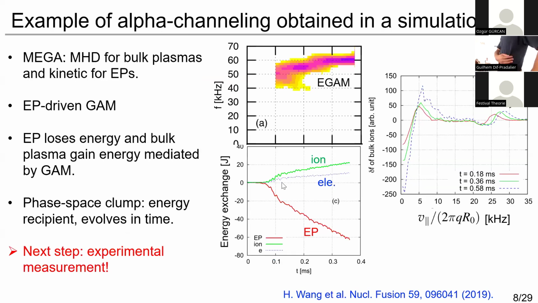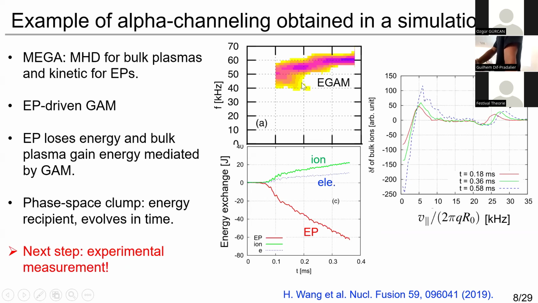Let me show an example of energetic particle channeling, which is obtained by an MHD kinetic hybrid code called MEGA, for reproducing the dynamics of the bulk plasma and energetic particles, respectively. What I'm showing here is the time evolution of the frequency spectrum, which shows a coherent and chirping fluctuation structure which corresponds to the gamma.